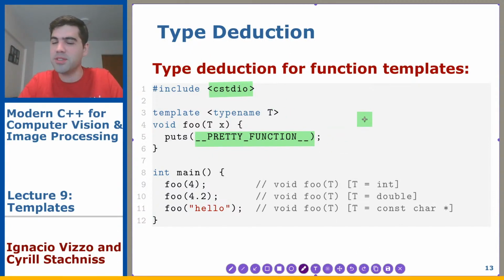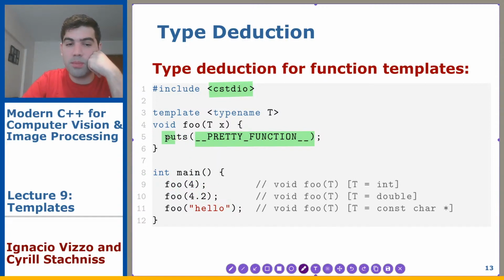So type deduction for function templates basically is the stuff that the compiler will do for you at compile time. So in this case we have foo, and then if we call this function, it will basically print to the standard output foo with t equals int, right? That's basically what's going to happen.